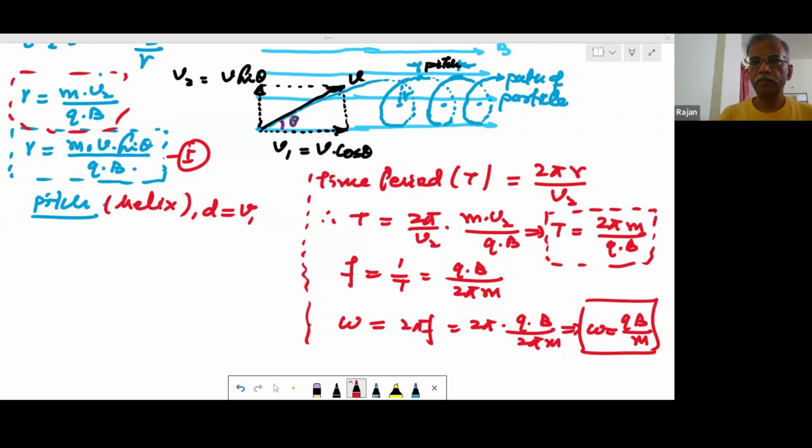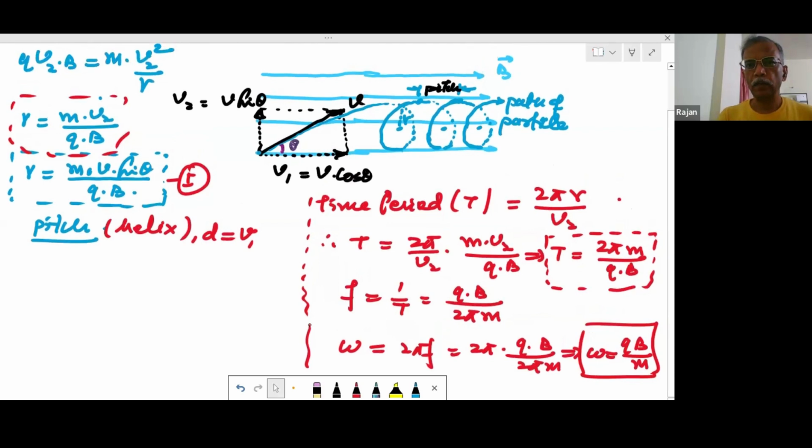By the time this fellow is reaching the next peak, it is also making one circle. You can see from here to here, that is the pitch distance. So by the time the particle is linearly traveling towards the x-axis, in the direction of B, this fellow is completing one circle, yes or no?